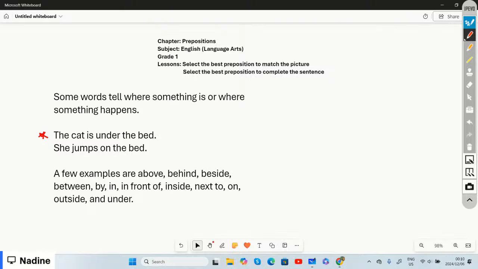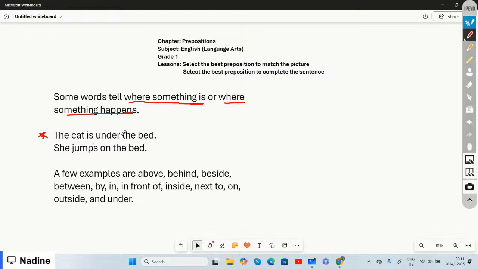And if we were to identify our preposition, remember we said a preposition basically tells us where something is, or where something happens.